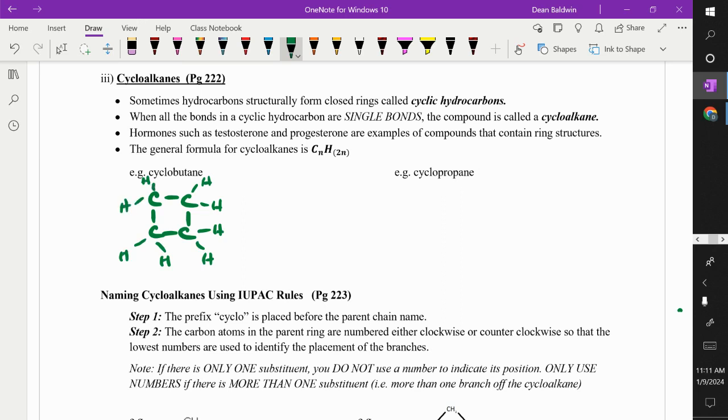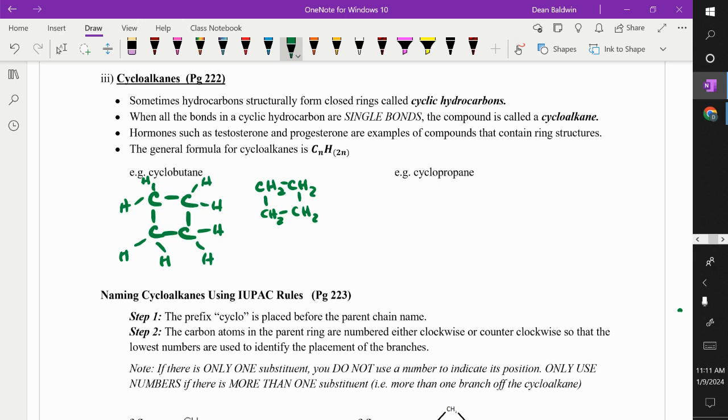Now that is the correct structure. It's annoying to draw it that way. Okay. You could draw it like this. They're all CH2s. You draw it like that. I don't even really like that.